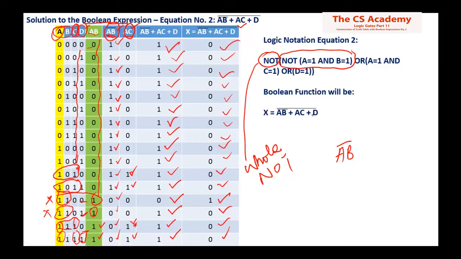You can see this OR sign over here, right? AC is also done, A and C is 1, or D equals 1. And ultimately you will find the Boolean function, that is X equals ((AB)' plus AC plus D)' on the whole equation.